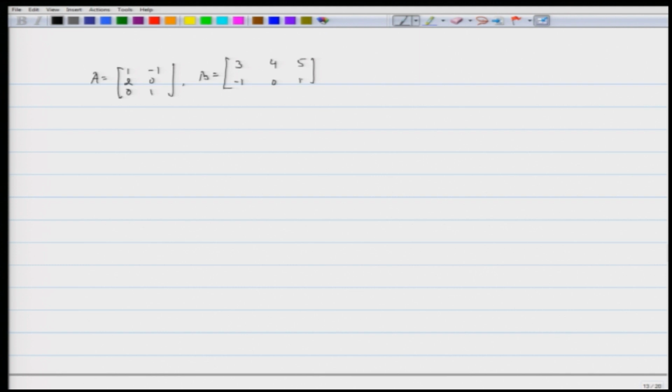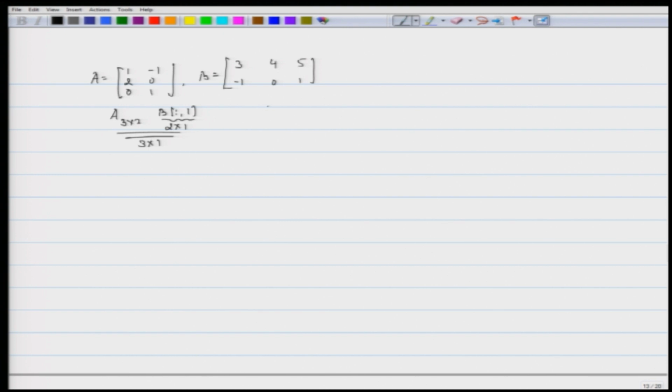We already wrote what the rows and columns are. Look at the first column of B. It has size 2 cross 1. Sorry, I wrote A wrongly, A is 3 cross 2. And therefore, this matrix multiplication makes sense and it gives me a matrix of size 3 cross 1. So, let us multiply it out.